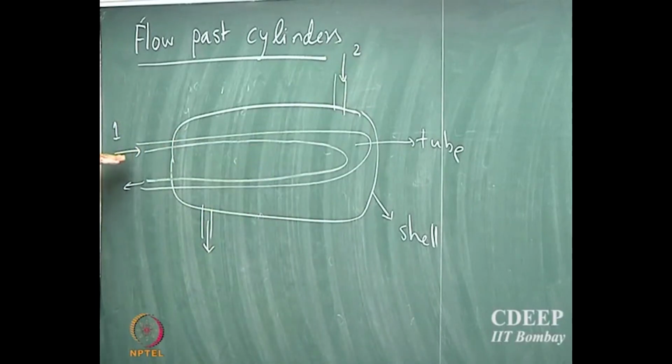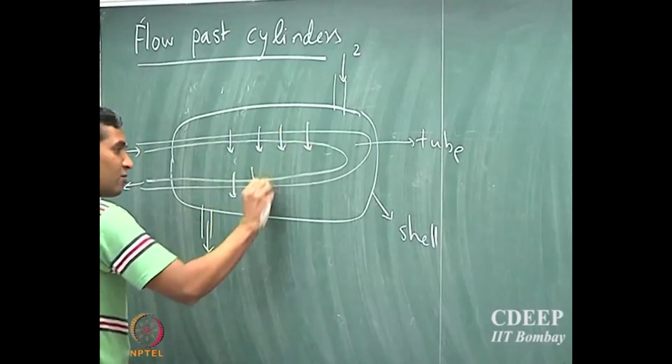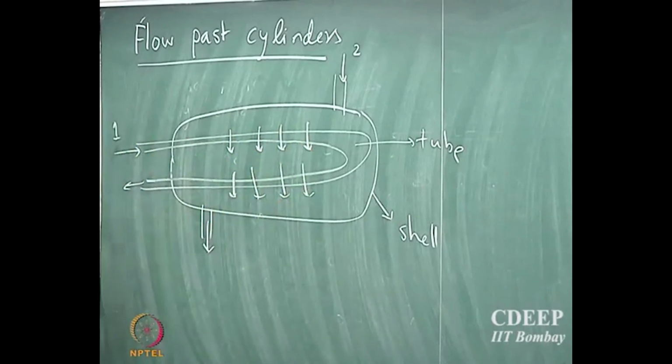Now, it could be that fluid 1 is a hot fluid and fluid 2 is a cold fluid. So there is heat exchange between fluid 1 and fluid 2 as it goes through this shell and tube heat exchanger. Therefore, you can see the fluid 2 is actually flowing past these circular geometries, and so it's important to understand how to find the heat transport coefficient when a fluid is flowing past a circular object or a cylinder, okay.